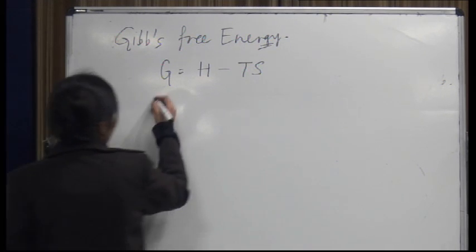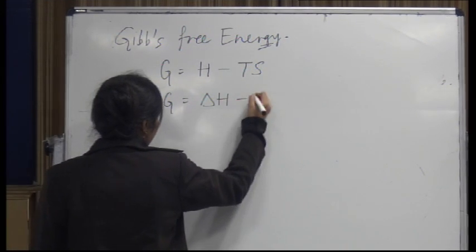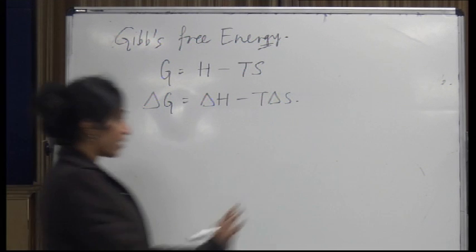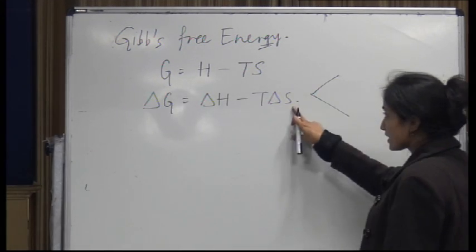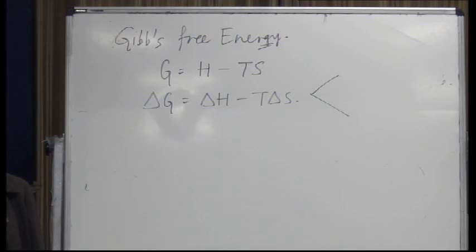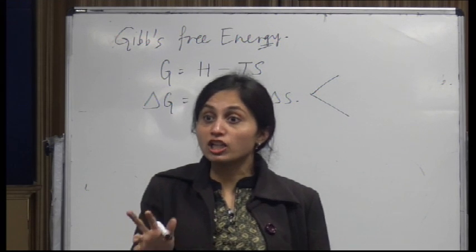That means if I talk about the constant temperature, then delta G is equal to delta H minus T delta S. ठीक है? And now finally, when delta S is positive, we say that the reaction is spontaneous. When it is negative, we say that the reaction is non-spontaneous.